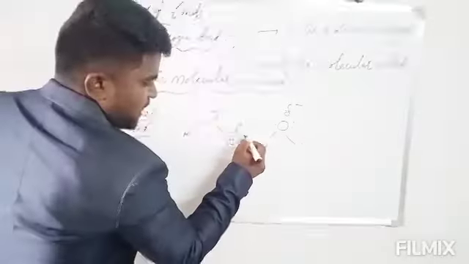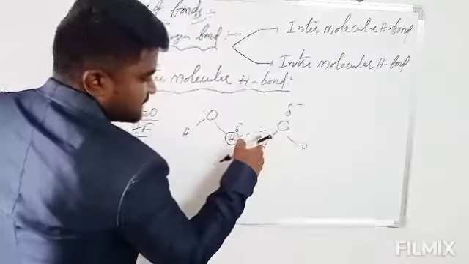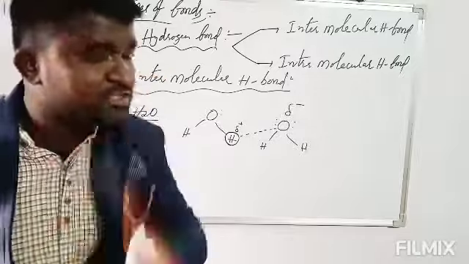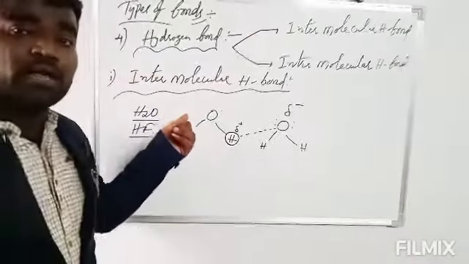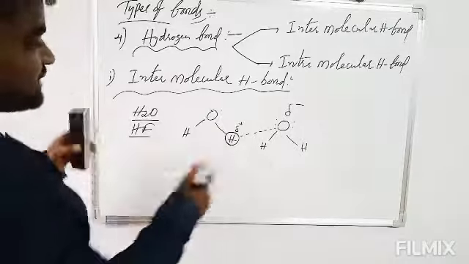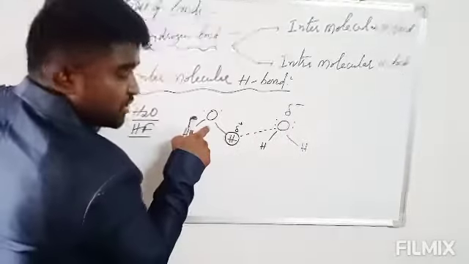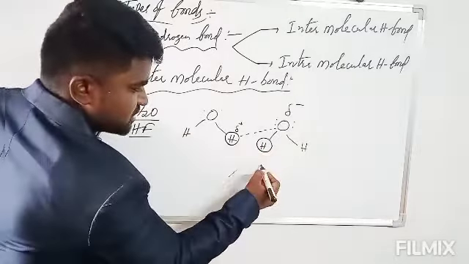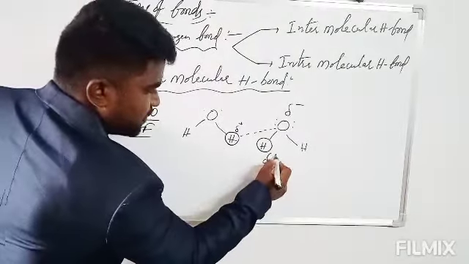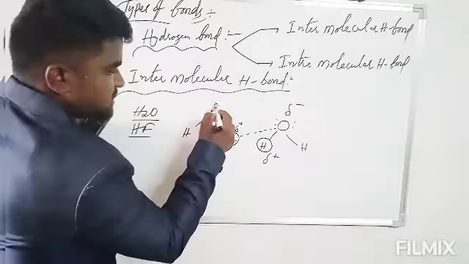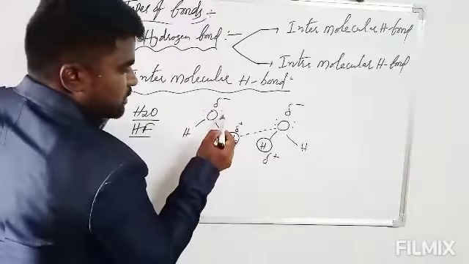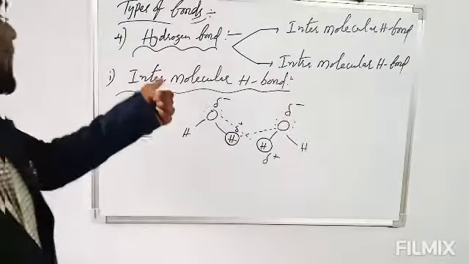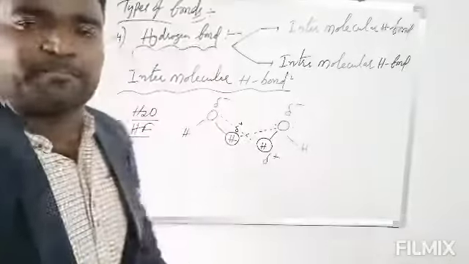If the bond is going to form between them, this bond is known as an intermolecular hydrogen bond. In this molecule the oxygen and in this molecule the hydrogen, slightly electropositive, and this oxygen slightly electronegative, the bond forms between them.